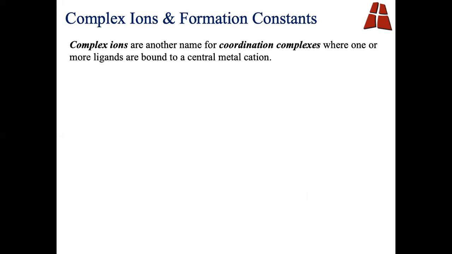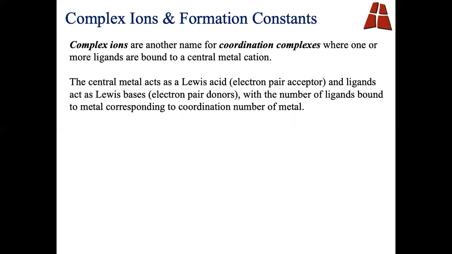This sometimes leads to the formation of complex ions, which is another name for coordination complexes, like we talked about in experiment 13 in lab this semester, where we had our cobalt complexes. We could have also called them complex ions, where we have one or more ligands bound to our central metal cation.